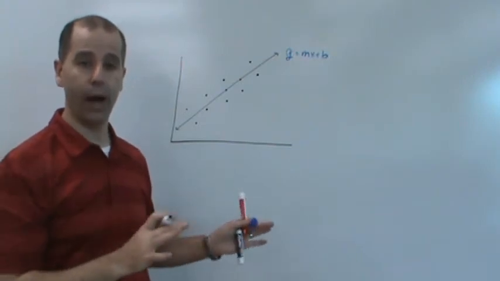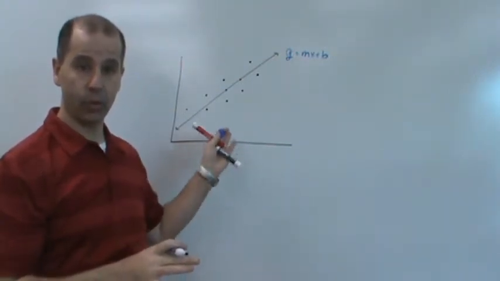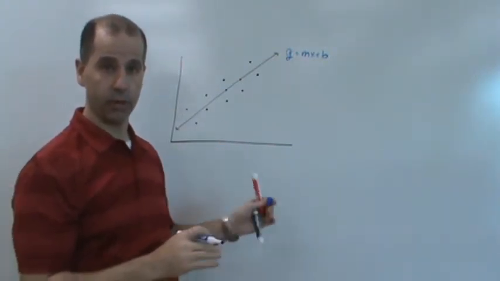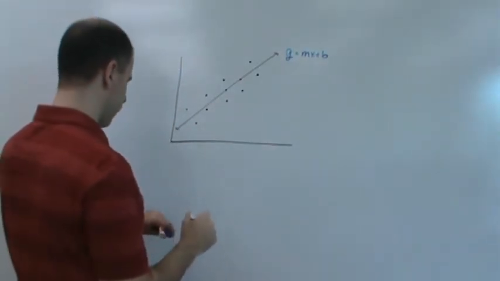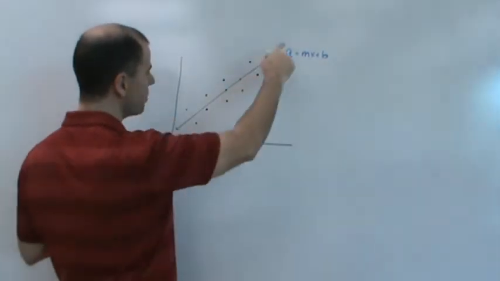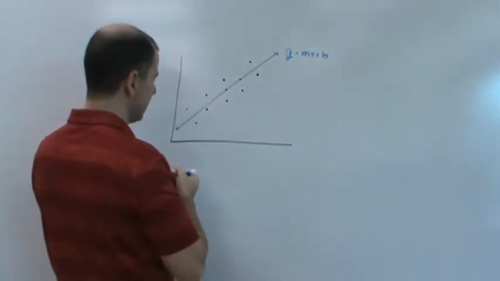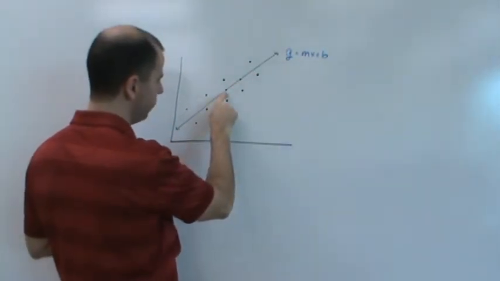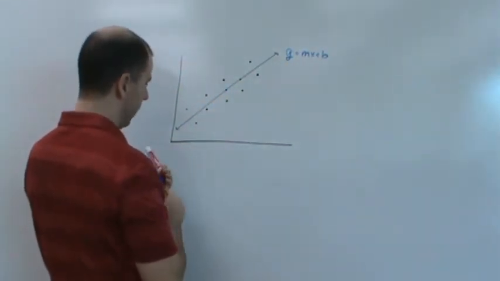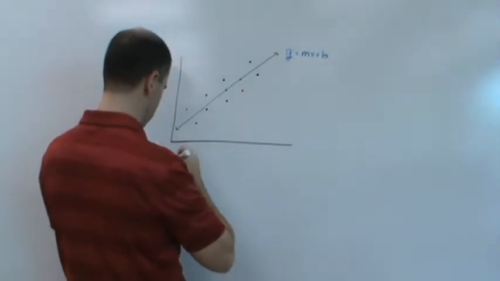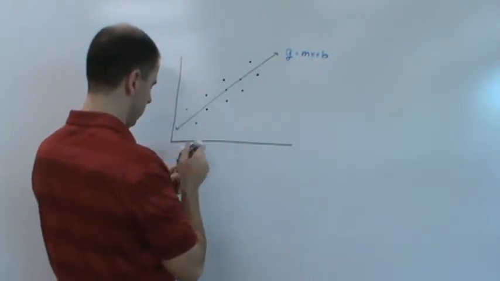It's the value of y based on the regression line, the regression equation, which we're going to talk about in a moment. But here's what we have. We have this line, and this distance, the distance from the predicted value, from the line, to the actual value.